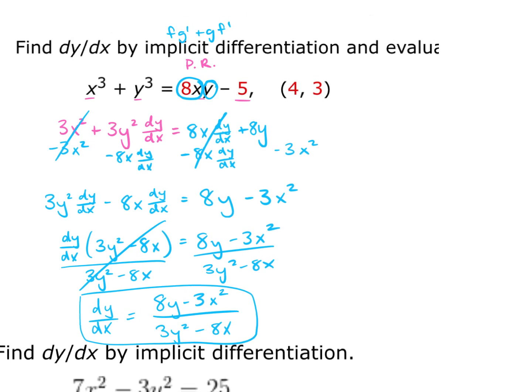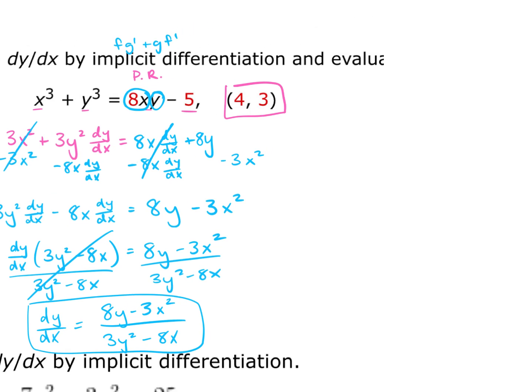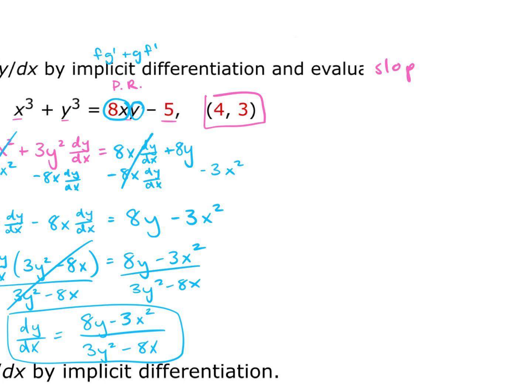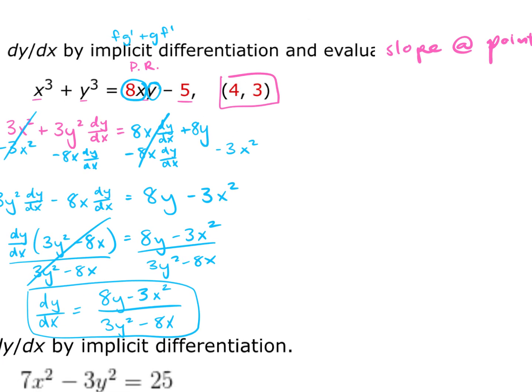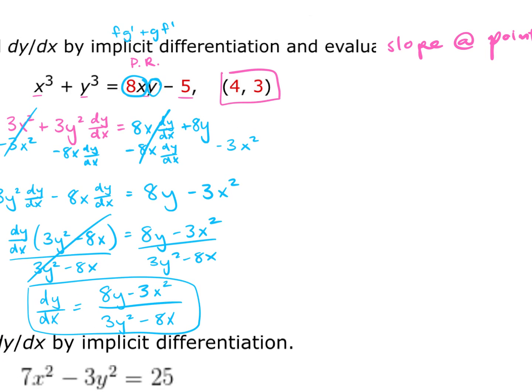The second part of this question either said evaluate at the given point or evaluate the slope at the given point. Either way, once we take the derivative, it probably says evaluate the slope. Once we take the derivative, what would we do at the point?